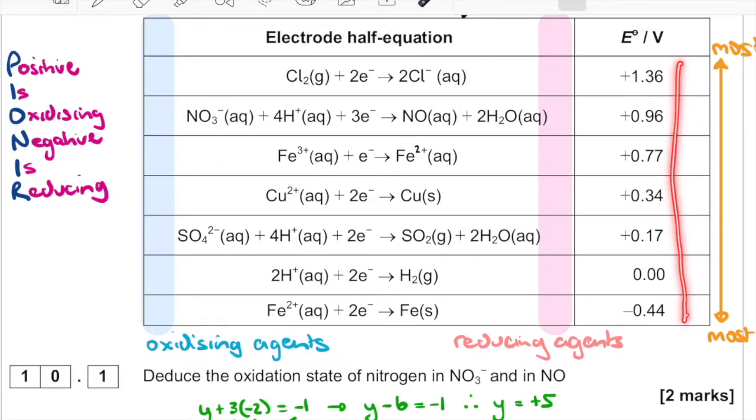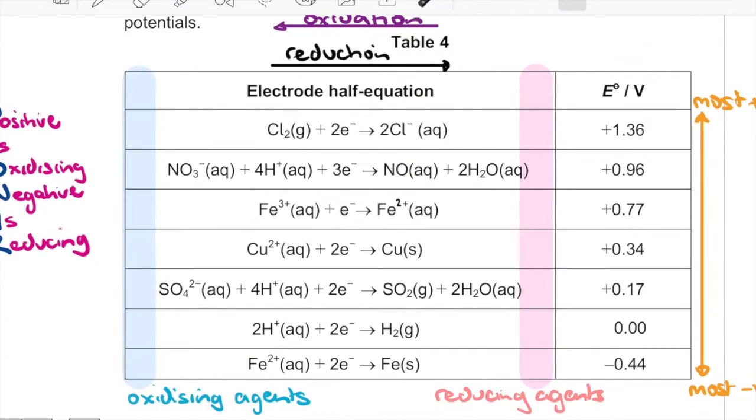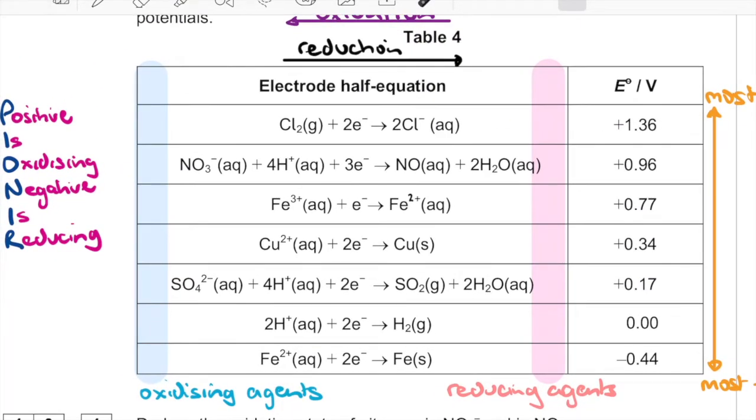So we've got a number line where that is 0, that is minus 0.44, that's plus 0.17, and so on. To get a value of 0.43, we have got to have a difference on our number line of 0.43, and I've already thought about this, but we have that here. The difference between 0.77 and 0.34 is 0.43.